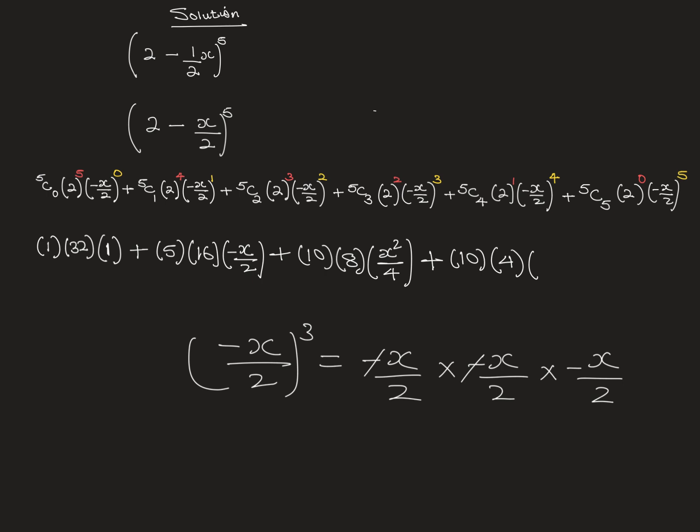Two of the negatives will cancel if you are multiplying, so we are still left with a negative value here. So be careful. If we multiply x times x times minus x, that will be minus x to the power 3, all over 2 times 2 times 2 is 8. So we're going to have minus x cubed over 8.